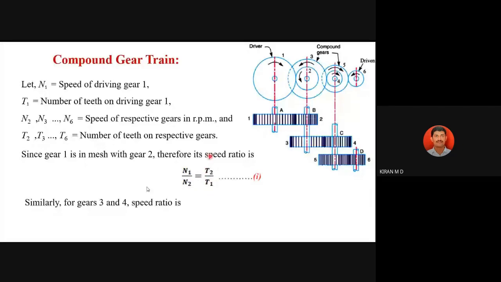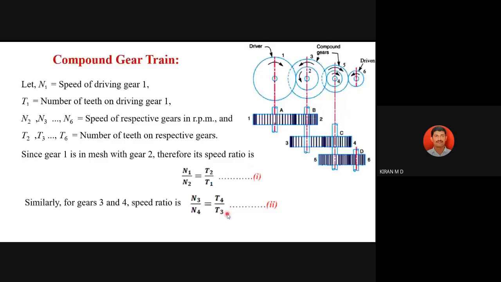Similarly, gear 2 is not meshed with any gear except one. Gear 3 is mounted on the same shaft on which gear 2 is mounted. When gear 3 drives gear 4, the speed ratio N3 by N4 is equal to T4 by T3.